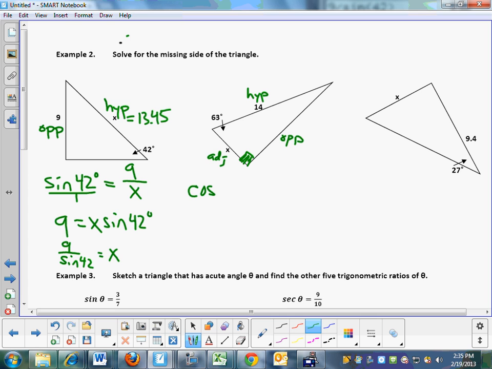We can say that the cosine of 63 degrees is equal to x over 14. Cross multiply, x is equal to 14 cosine of 63 degrees. So I just type that in my calculator. You should get about 6.36.